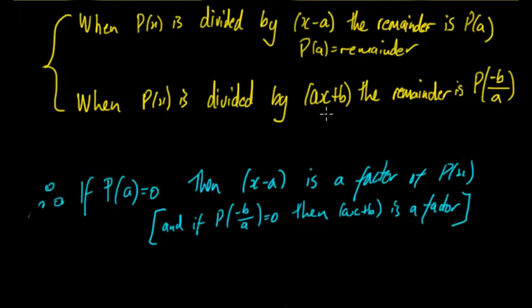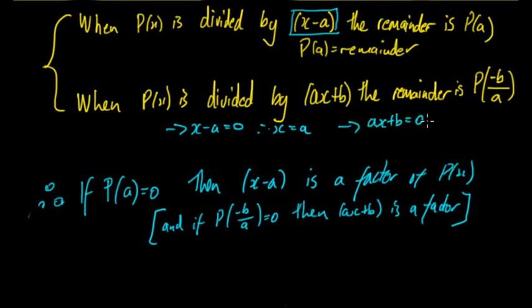However, you can also divide by ax plus b, and then you'll get a slightly different remainder, which is just p(-b/a). An easy way to remember this is that you let the divisor equal 0. So x minus a is equal to 0, therefore x is equal to a. ax plus b is equal to 0, therefore x is equal to -b/a. And you can see that that's just there.